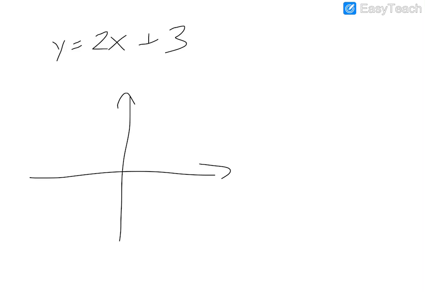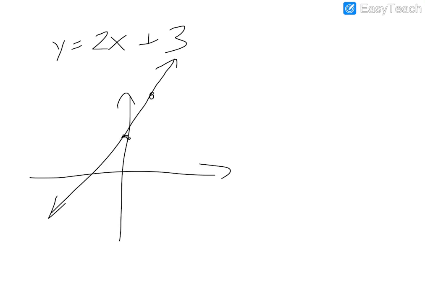The long way would just be to plug in a bunch of random numbers, like say one easy one is x equals 0, that would be 3. Then maybe x equals 1, that would be 5, and then so on. Or really you can just draw 2 points and just draw a straight line through them. That's another way to do it.